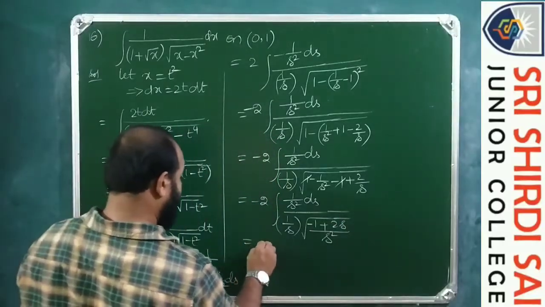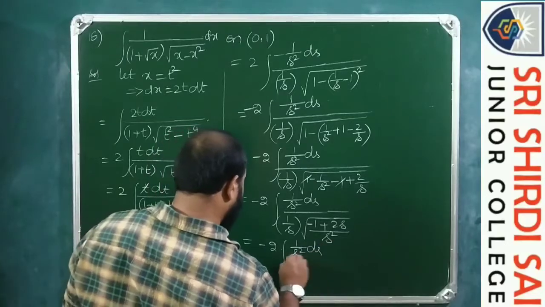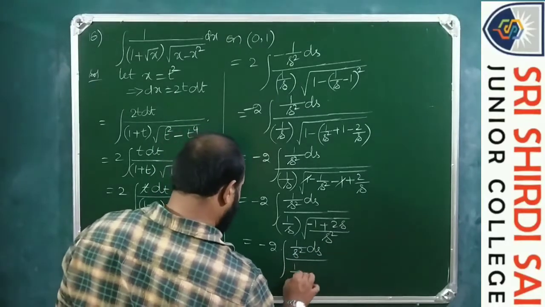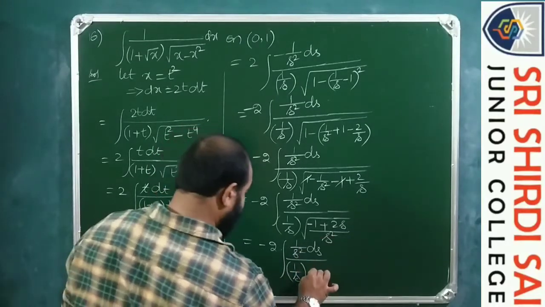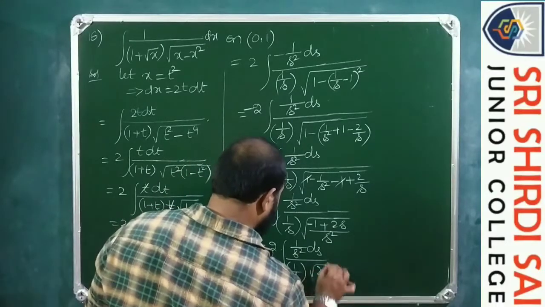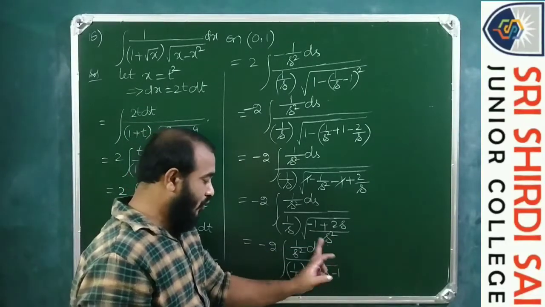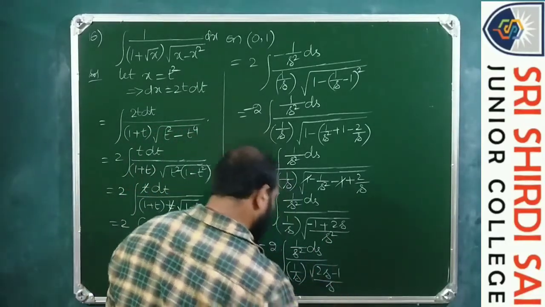This is equals to minus 2 integral 1 by s square ds by 1 by s into root of 2s minus 1 by root s square. The square root gets cancelled by s.